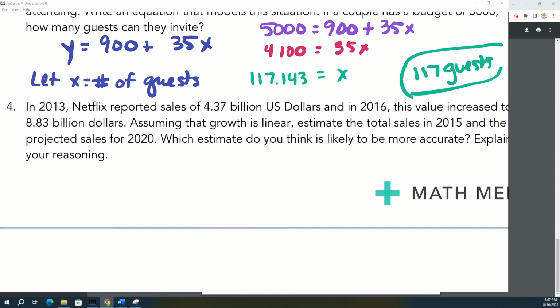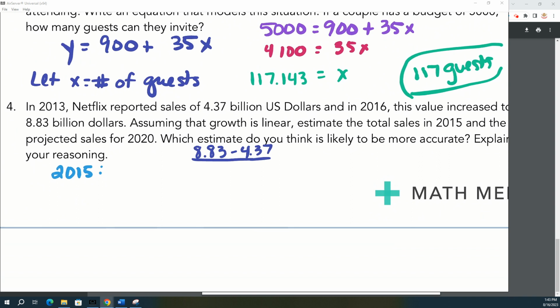All right, so if I want to go backwards to figure out the estimated sales in 2015, what could I do? Oh, I need to do something first I haven't done yet. What do I need to figure out first? The growth a year. The slope. Very good. So we'll subtract the change in sales, and then over the change in years.